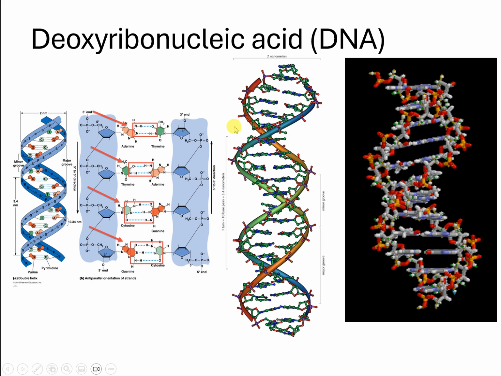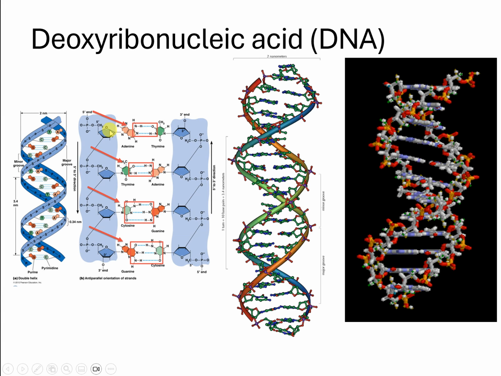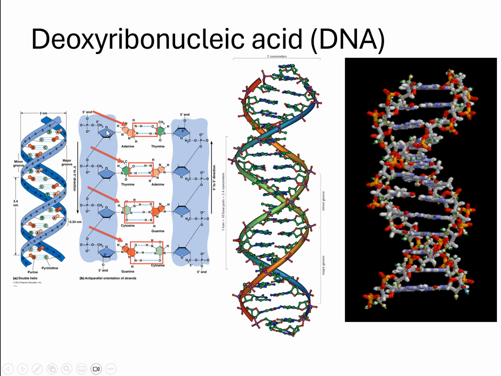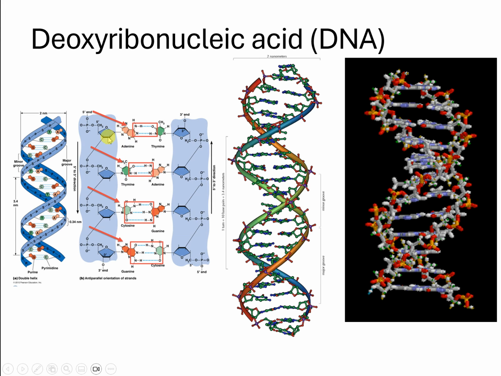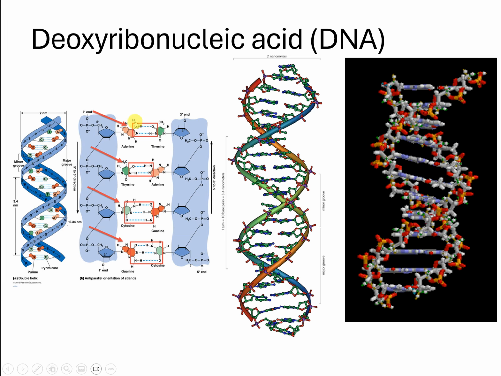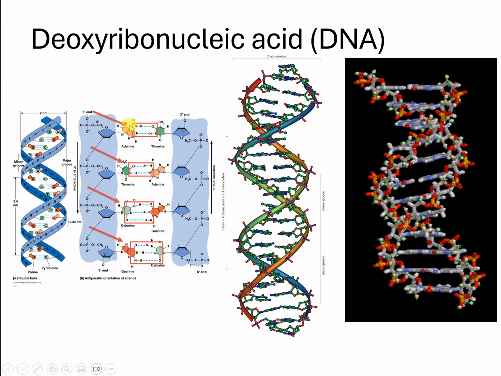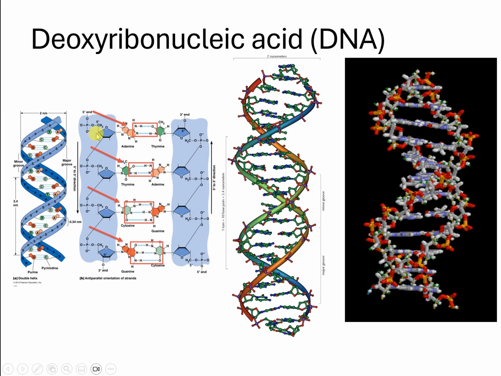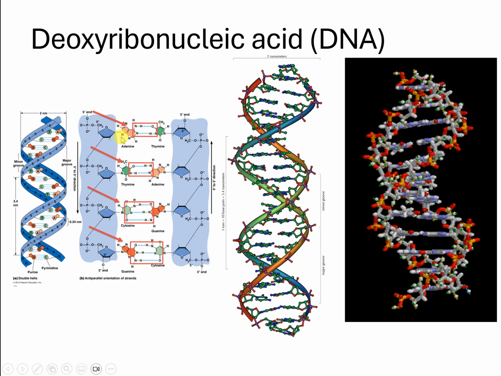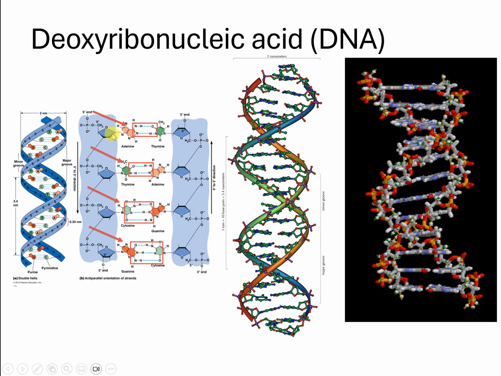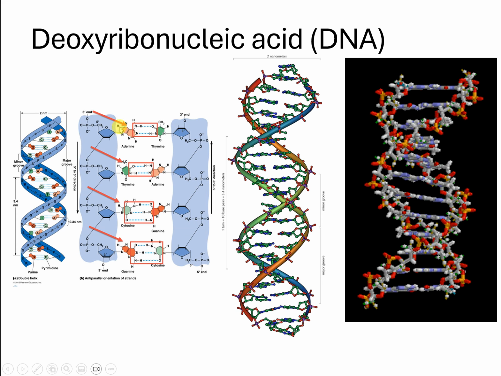DNA is composed of nucleotides, and each nucleotide consists of a sugar moiety, that is a deoxyribose, then a purine or pyrimidine base, and then a phosphate group. So this is one nucleotide.